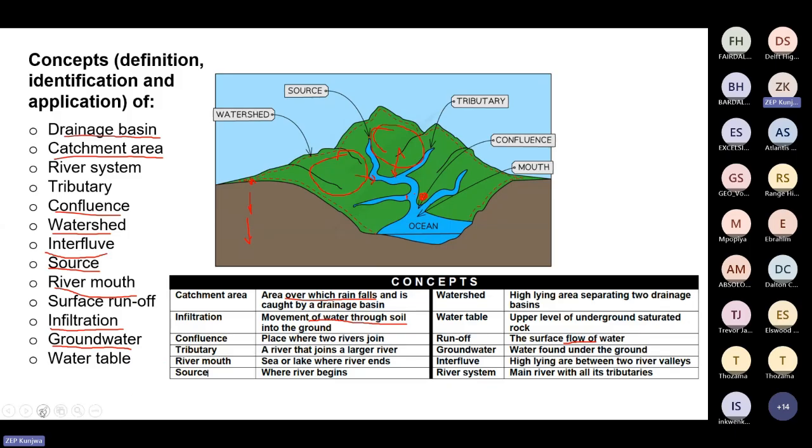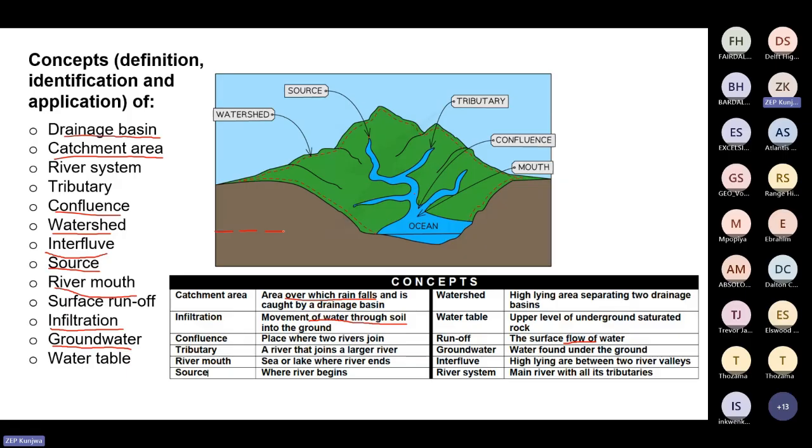Let me just erase this first, and then I can give a clear picture so you can see what I want to talk about here. It's so simple to say groundwater is the water that is found under the ground. However, let me draw a water table for you so that I can show you exactly what this definition actually means, because if you don't understand the actual meaning, you might confuse this with something else.